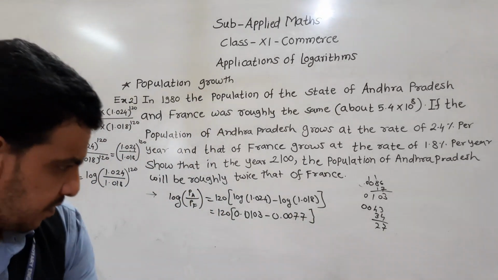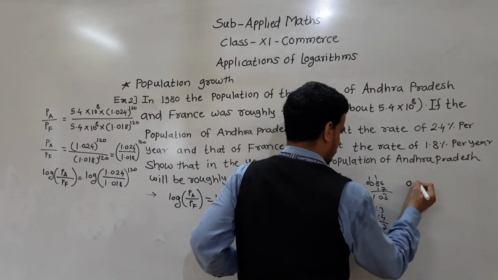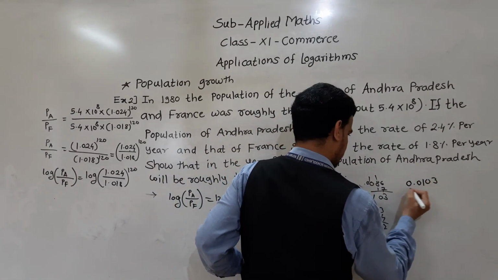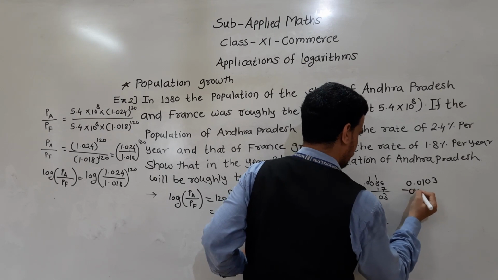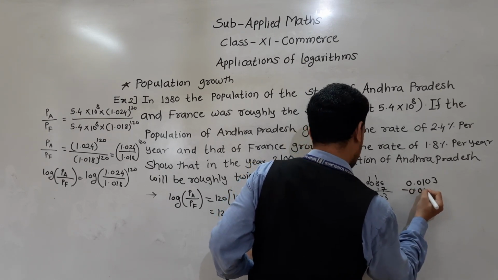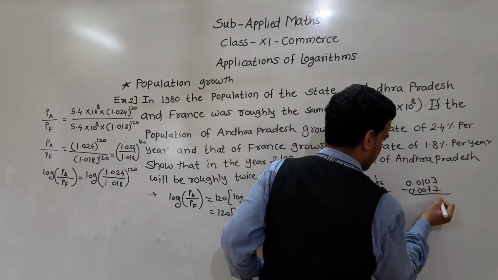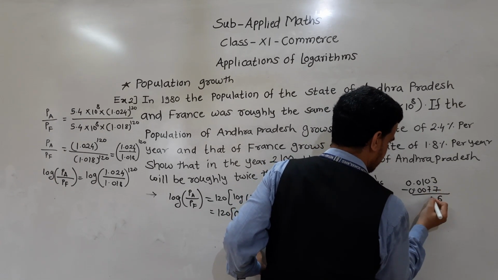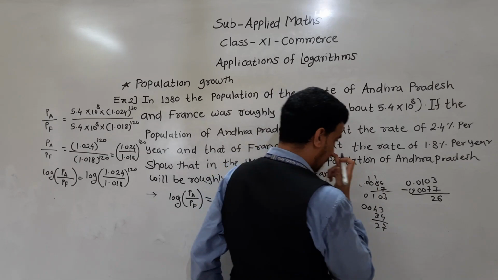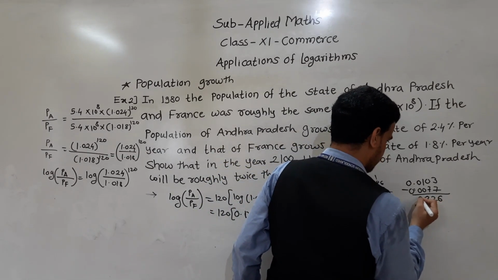So if we subtract this, 0.0103 minus 0.0077, so 13 minus 7 is 6, 9 minus 7 is 2, and it is 0.